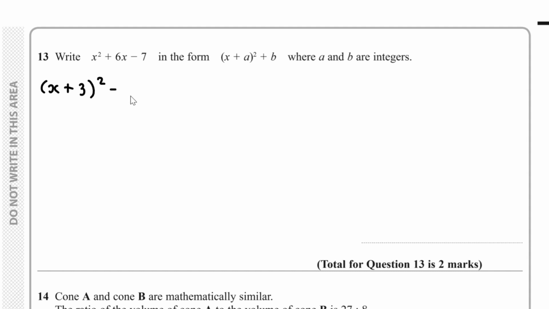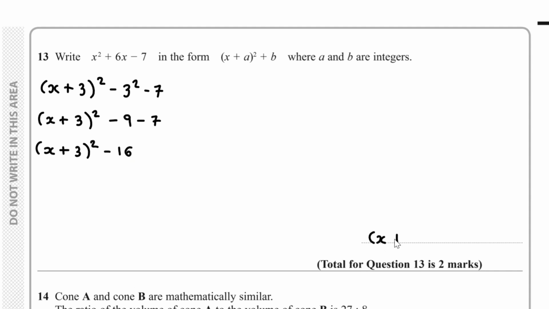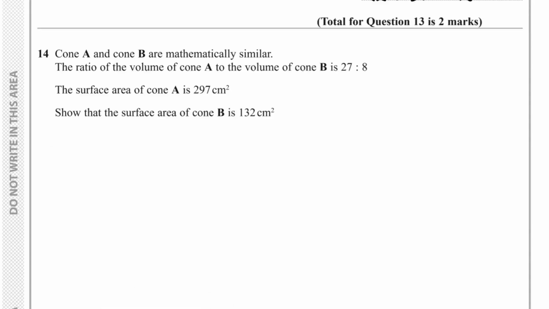Then we subtract off the square of 3. And then we've still got the minus 7. So we've got x plus 3 all squared minus 9 minus 7. Of course, we've got x plus 3 all squared minus 16.